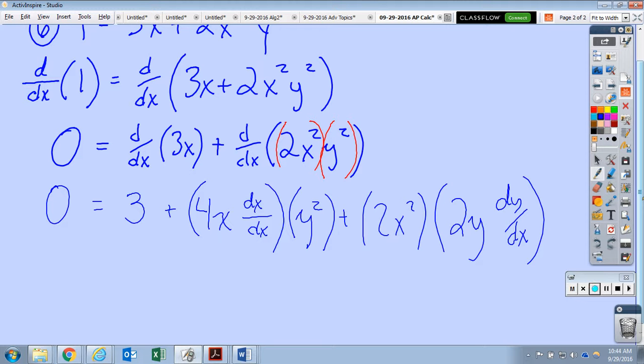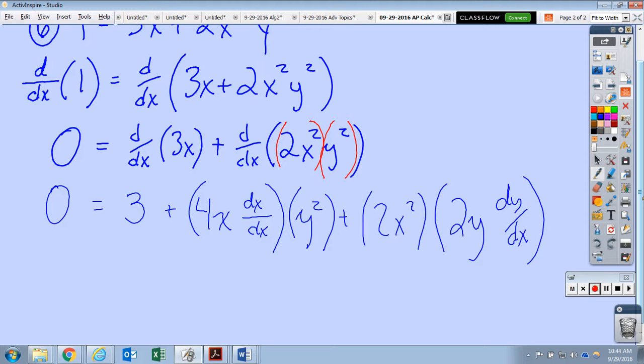So what this is saying, and this is back to that notation that we discussed early on in the course, is take the derivative of this with respect to x. So the derivative of 3x with respect to x is just 3. We just know that it's just the coefficient of x.